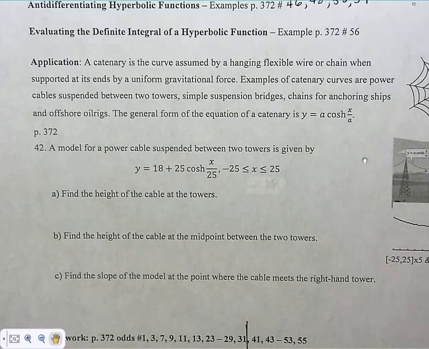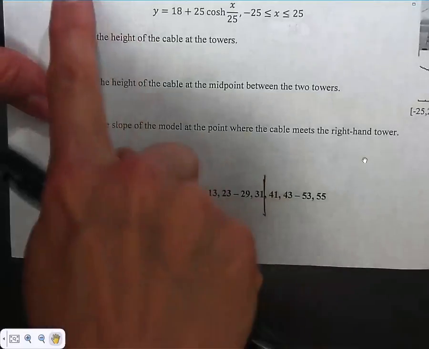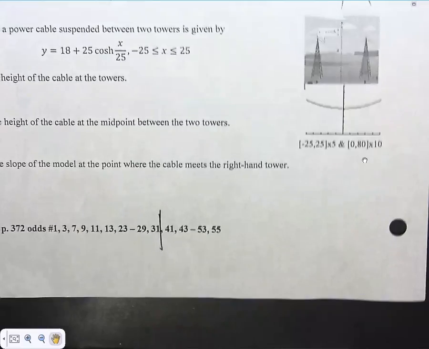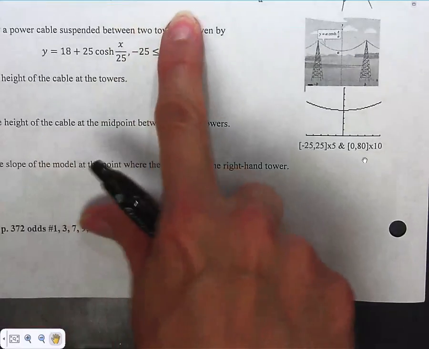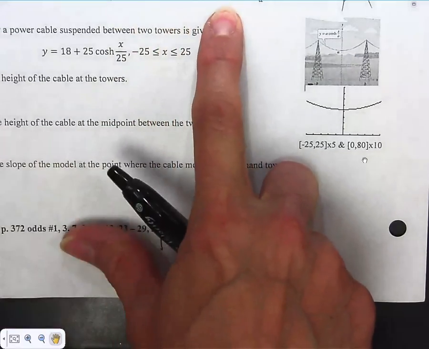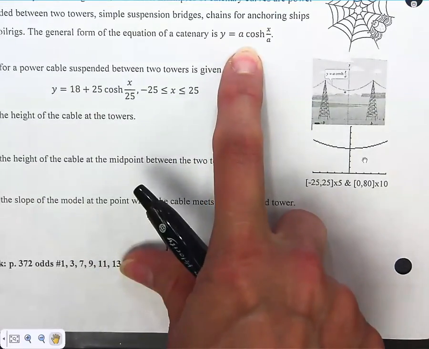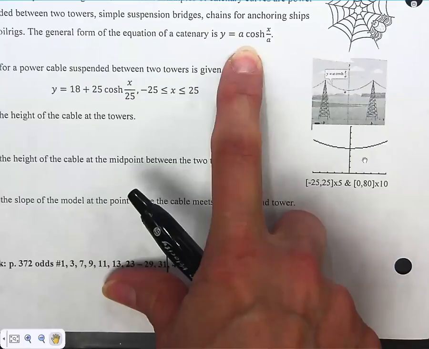Anchor, that chain between them is acted upon by a uniform gravitational force. It makes that catenary curve. And offshore oil rigs and spider webs. The general form of the equation of a catenary is y equals some constant a cosh x over a. And so this whole time, spiders have been smarter than you.